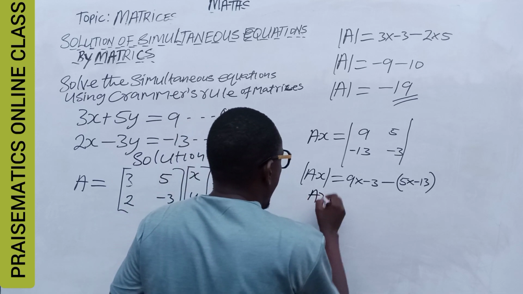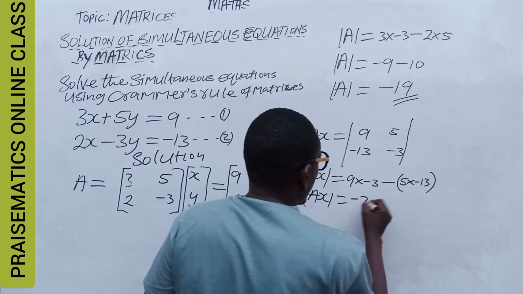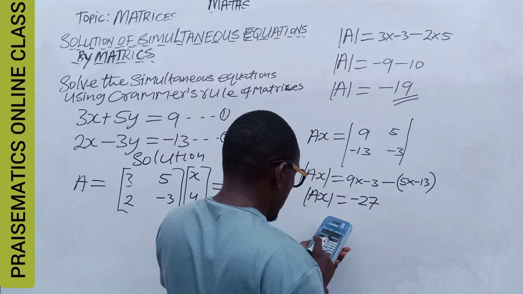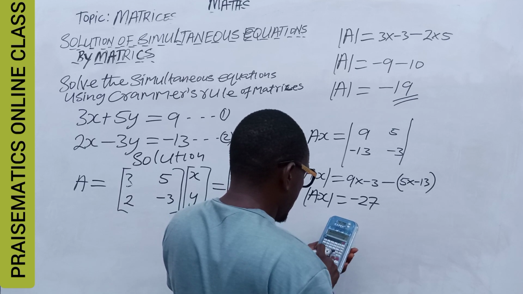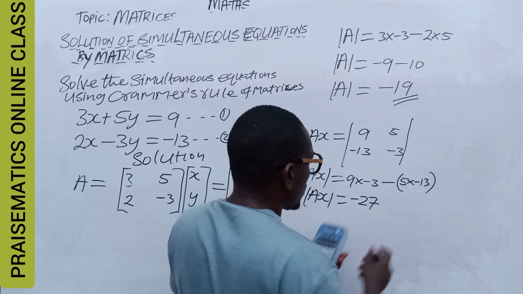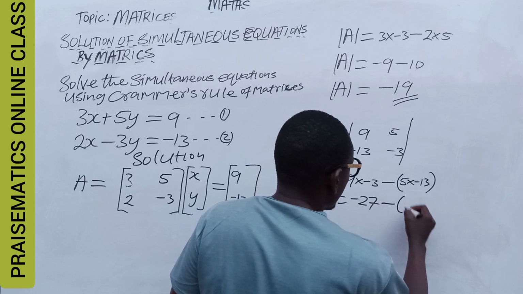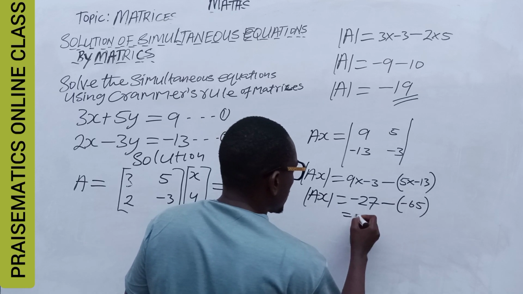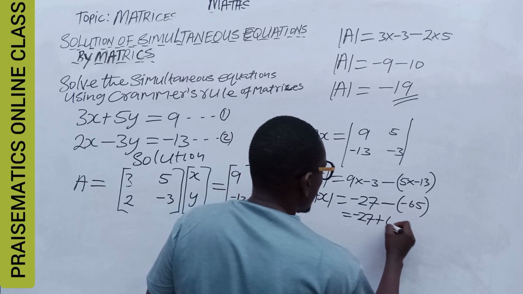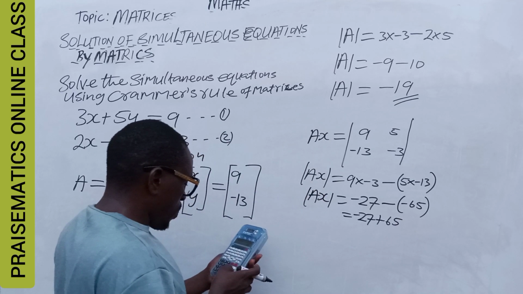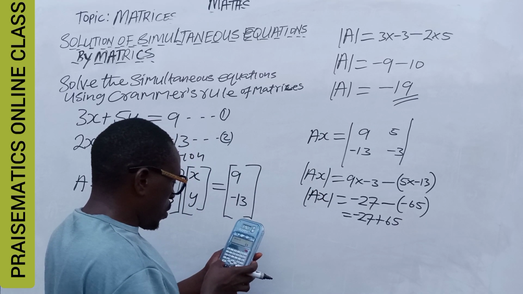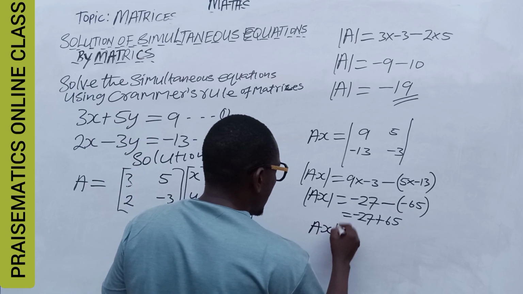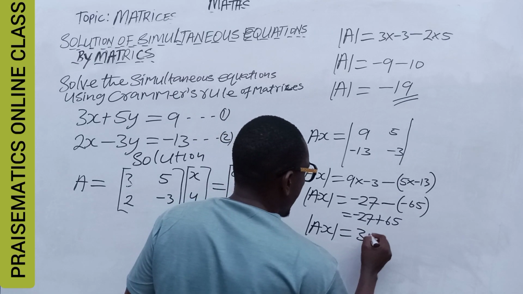We have that our AX determinant is equal to 38.